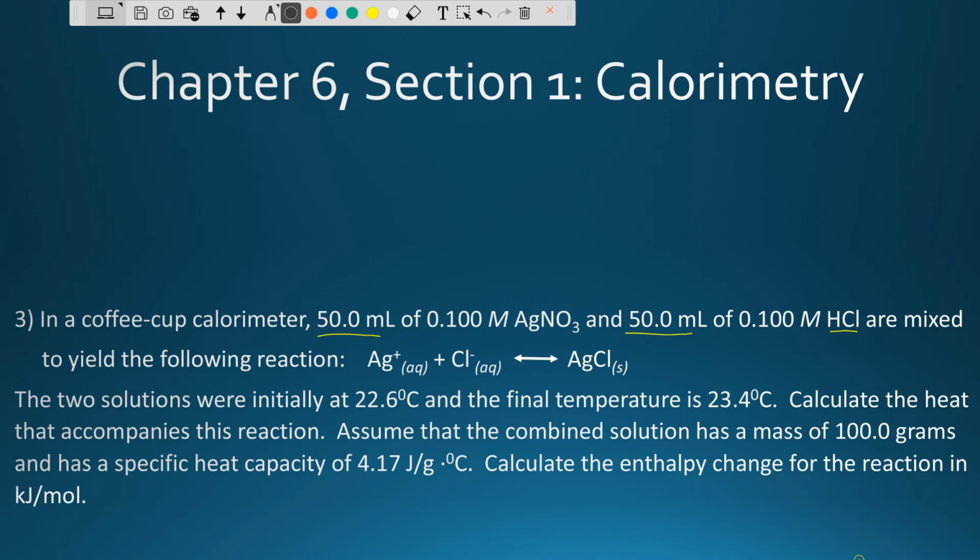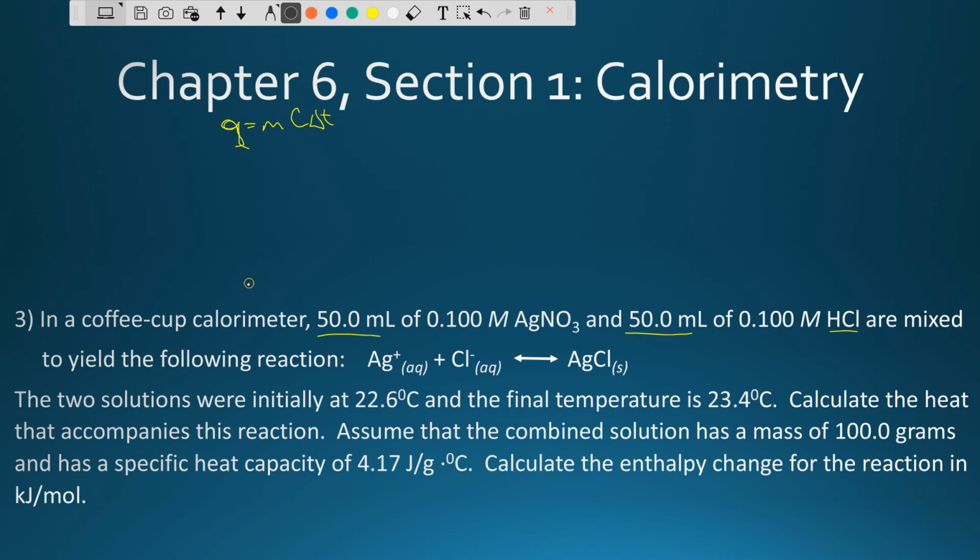All right, so I'm seeing that I have my Q equals MC delta T. Be careful here because I'm mixing together 50 milliliters and 50 milliliters. Well, that is 100 milliliters total, isn't it?